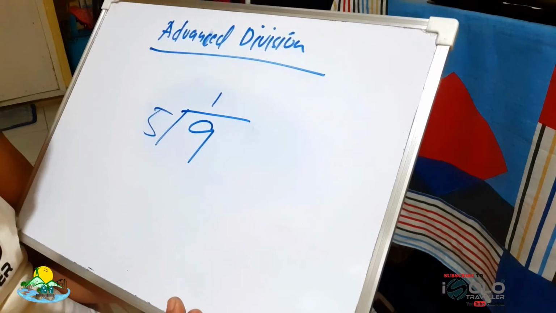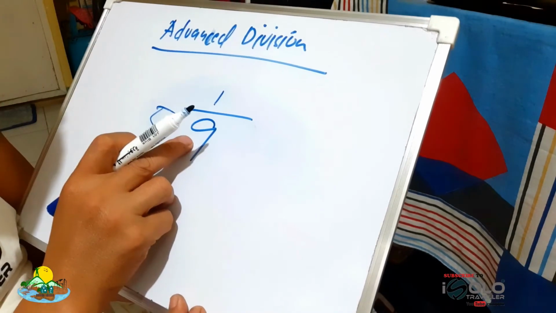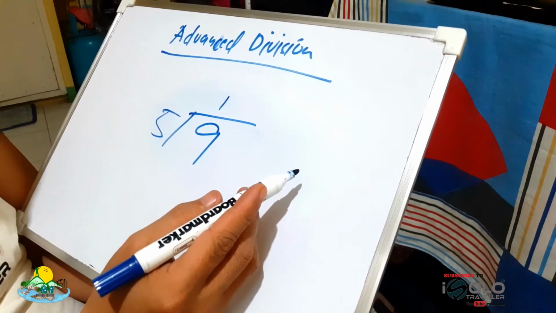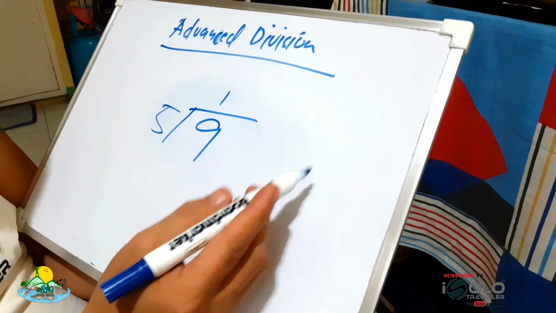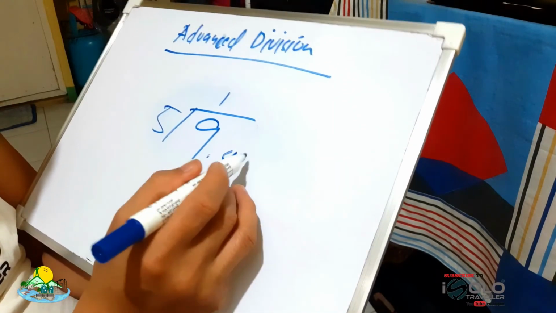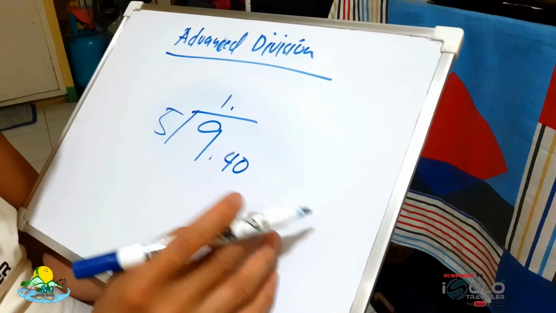Hold that 5 in your mind and minus that 5 from 9. So 9 minus 5 is how much? 4. Since there's no more number here, all I have to do is put a point here and add 0. Point also here.